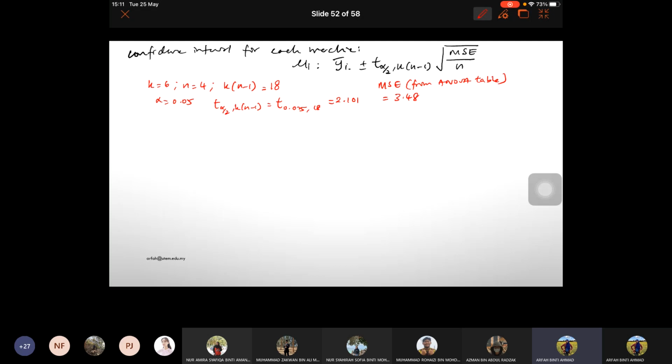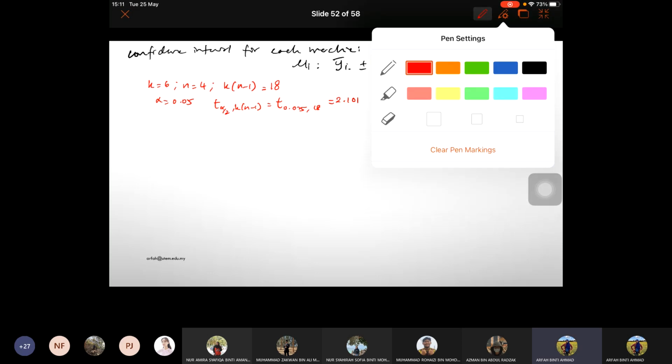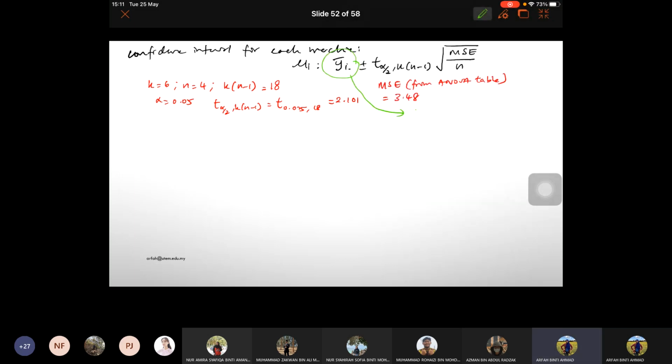Okay. So y i dot yang ini adalah from summary table in ANOVA output.